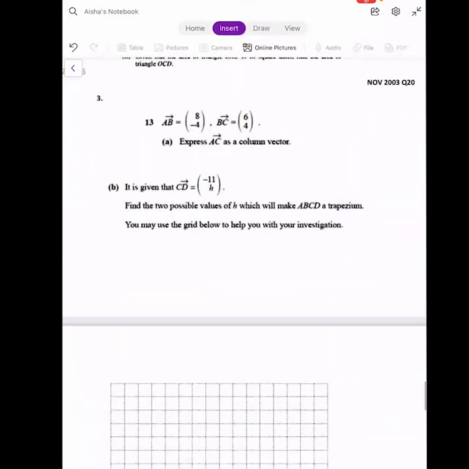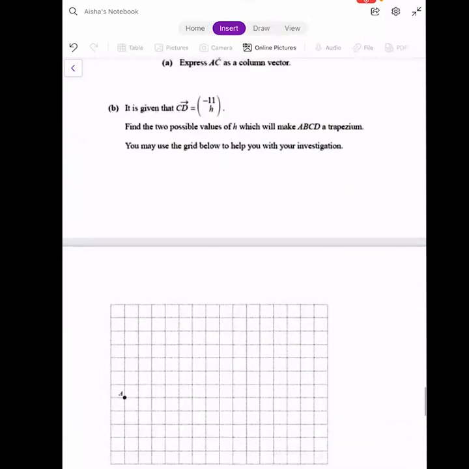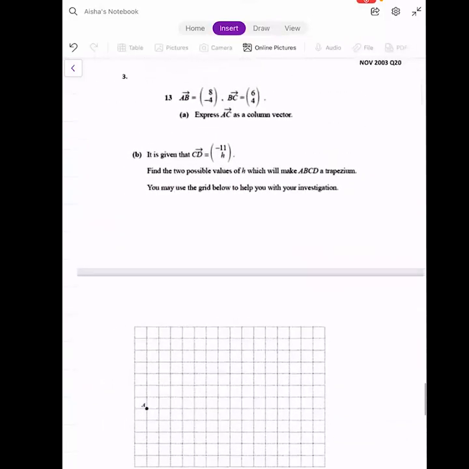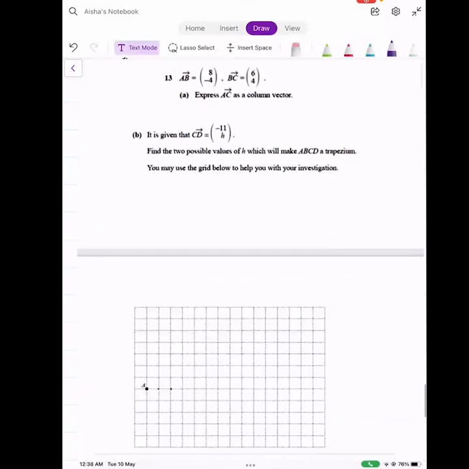It is given that AB is 8, 4. AB: 1, 2, 3, 4, 5, 6, 7, 8, 1, 2, 3, 4. This is where B is. BC is 1, 2, 3, 4, 5, 6, 8 and minus 4. 1, 2, 3, this is B. And C is 3, 4, 5, 6, 1, 2, 3, 4.